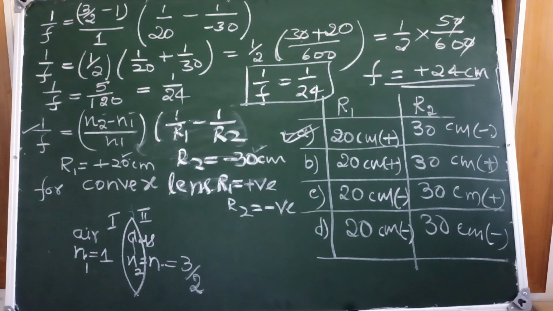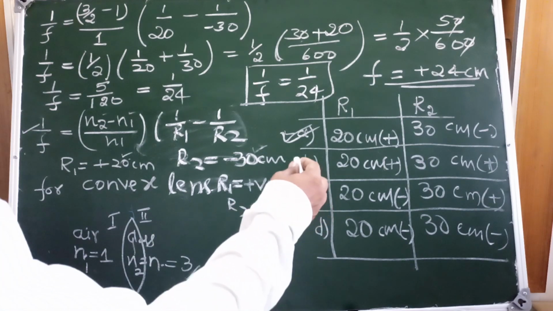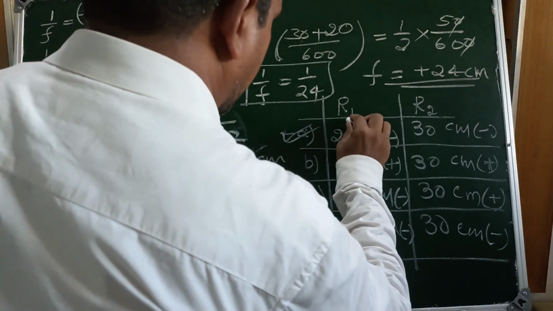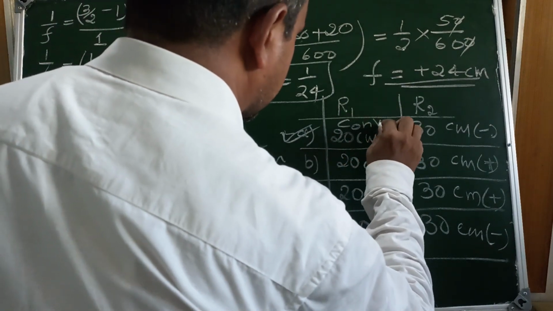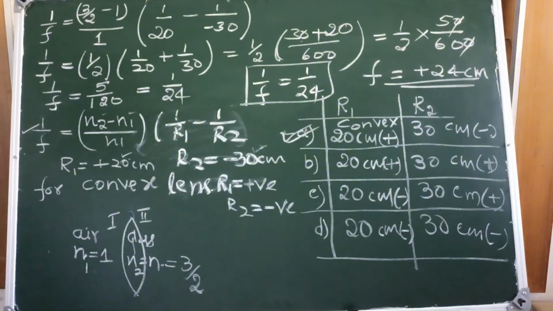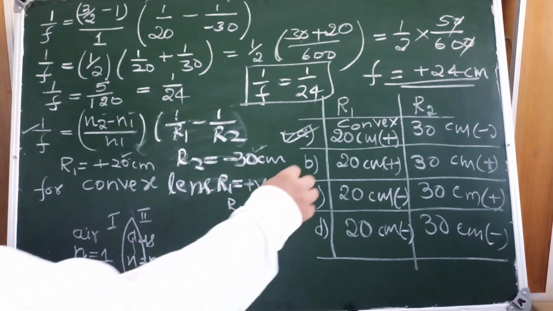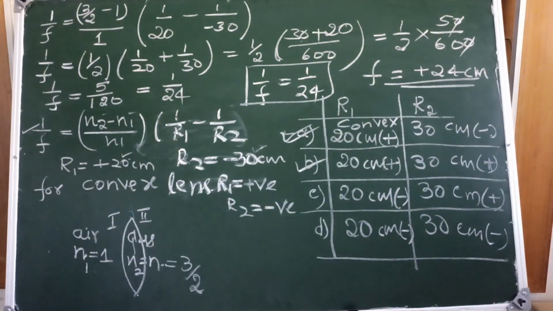This is the type of lens, a convex lens. So the focal length is plus 24 centimeter in the first case. Now let us see the second situation.